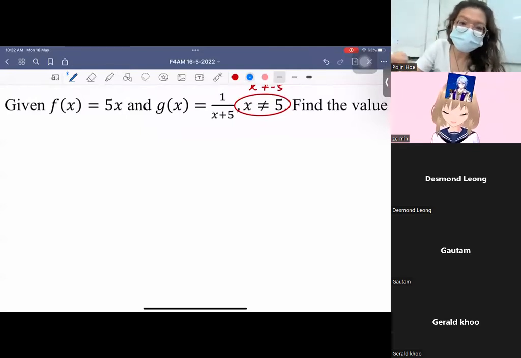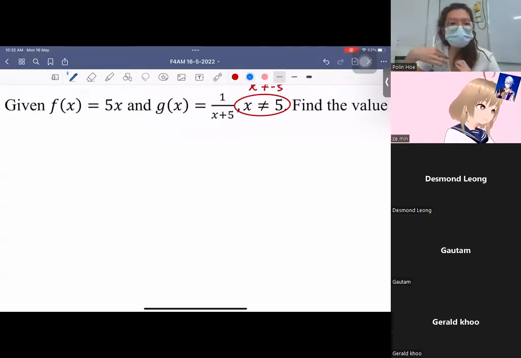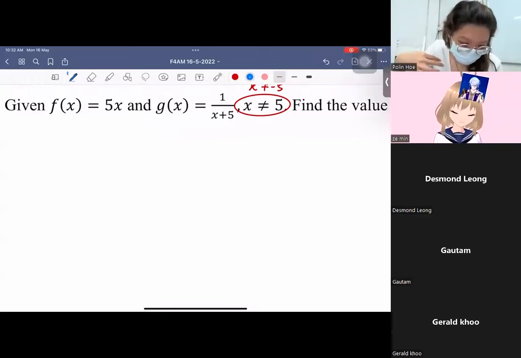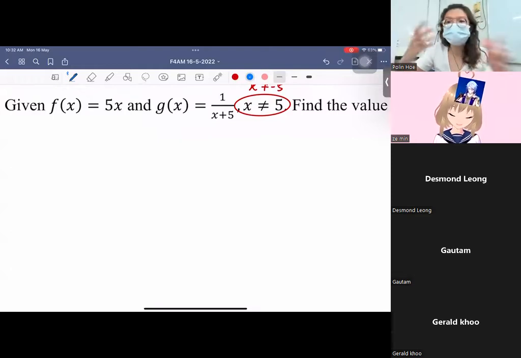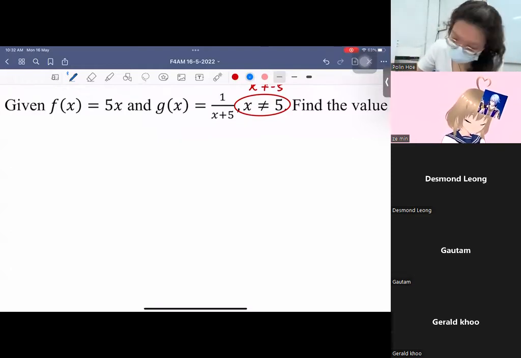You have two choices. You find fg first and then you find gf first. After that, you combine. That's my way, because it will reduce the probability for you to make mistakes. But some students are really good at doing all this, then it's still okay.